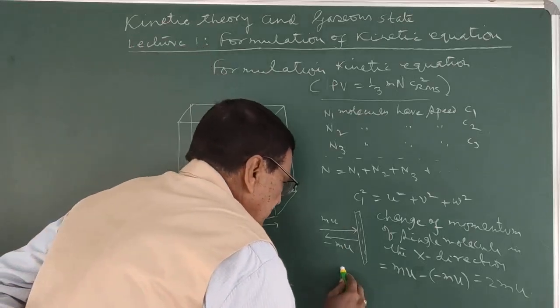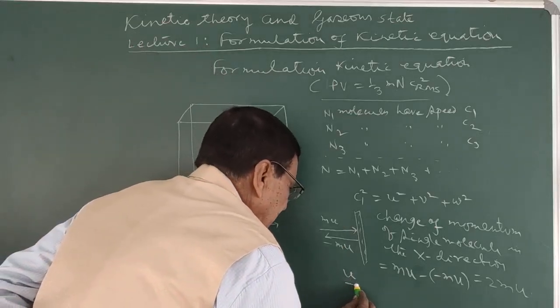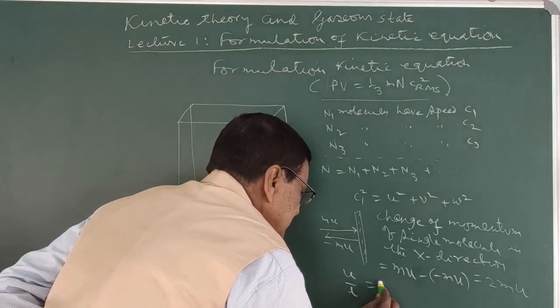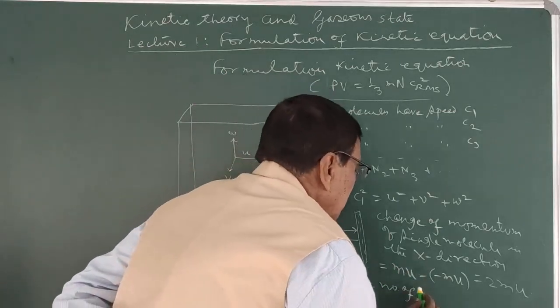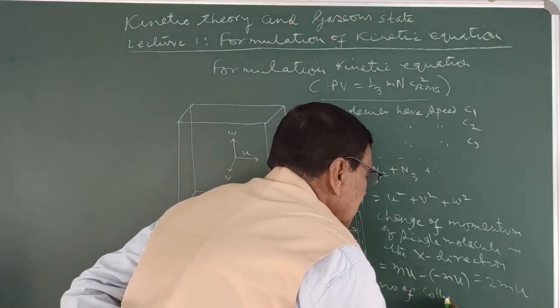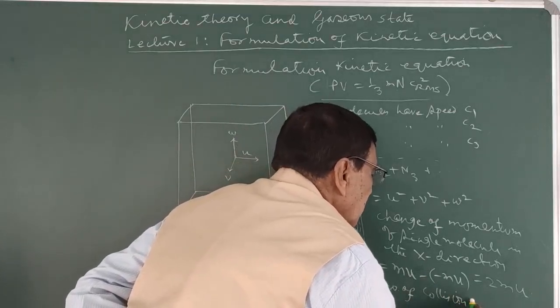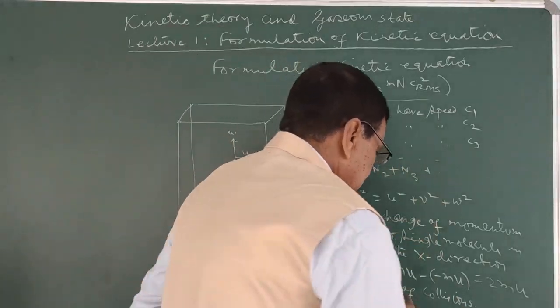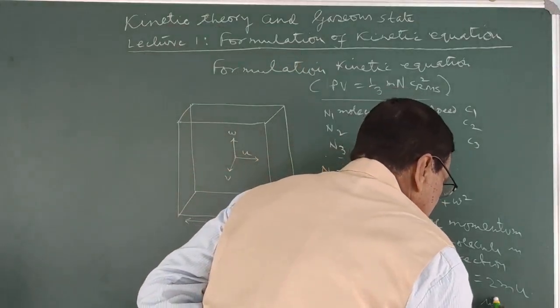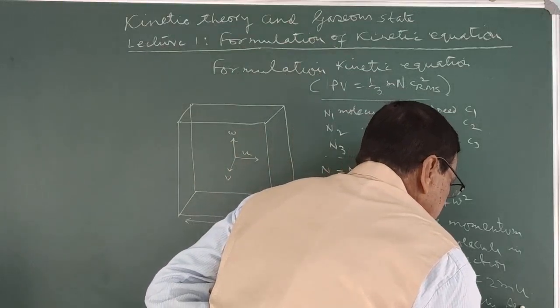So u by L is the number of collisions suffered by this molecule in 1 second.